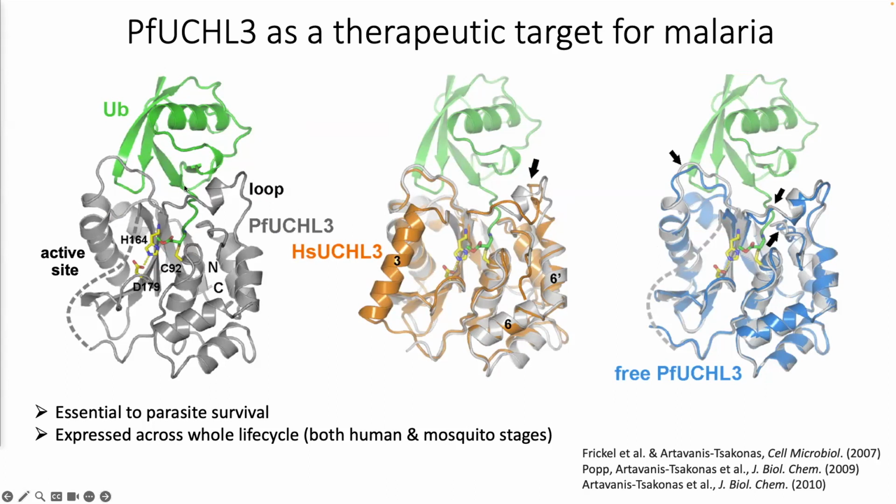It has very similar structural and functional features to the human enzyme, shown here in orange, and it's essential to parasite survival. It's expressed across the whole life cycle of Plasmodium, both in the human and mosquito stages. And so consequently, it must have a very fundamental role. And this makes it an interesting drug target. So we set out to develop inhibitors against this protein.